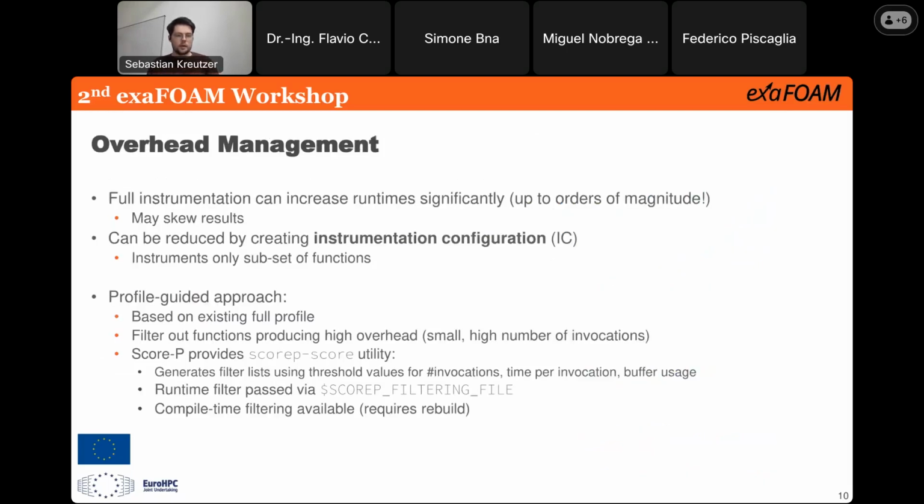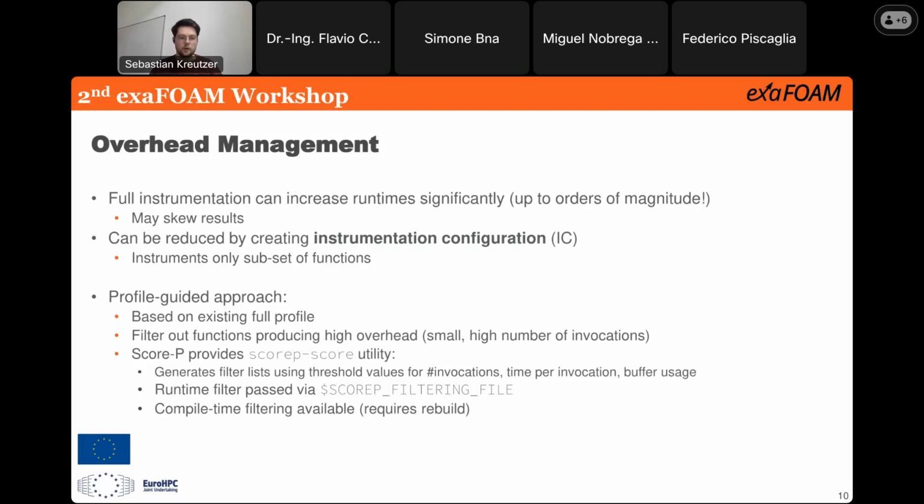So I now want to get a little bit more into the overhead management, which I've talked about. As I said, full instrumentation can increase the runtime significantly, up to more orders of magnitude, and skew the results. This effect can be reduced by creating selective instrumentation configurations, which only measure a subset of functions.